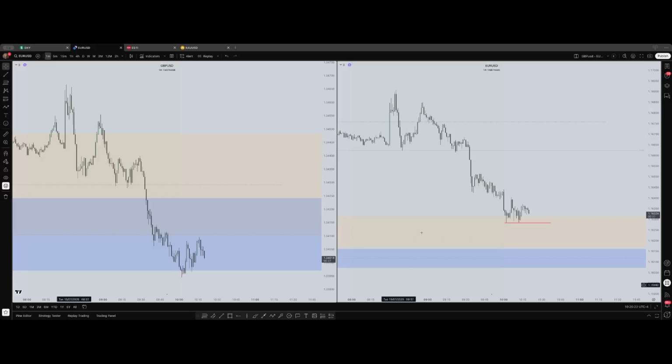Every time you have this kind of level, you can expect price to go and attack these levels.